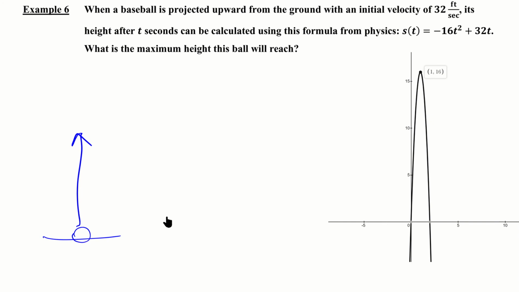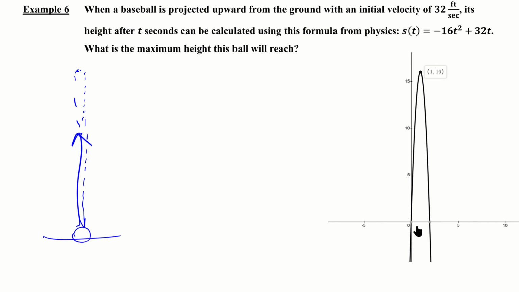So notice the height is going to increase while it's going on its way up, then it's going to hit a maximum height. Then it's going to drop back down, right? So the path is straight, it's not curved, but the time is being displayed here and its relationship to the height. So after a certain number of seconds, it'll be at a certain elevation. That's what this graph is showing you, the relationship between time passed in seconds and the height of the ball in feet.